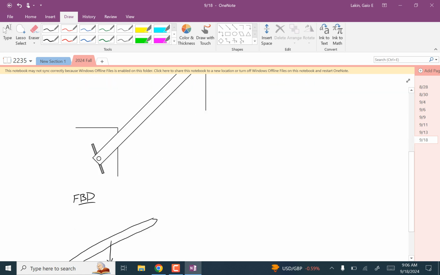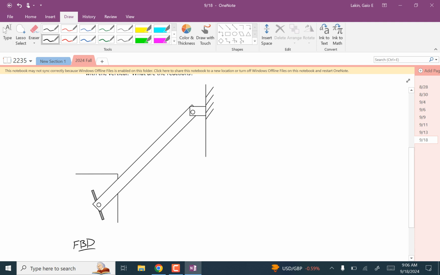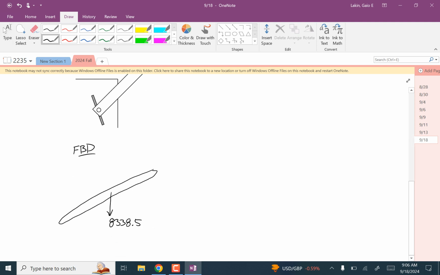And then up here, this is a pin joint. So pin joints are forces with an unknown direction. I'll call this R. And then this one makes an angle of 20 degrees with the vertical, and the force is perpendicular to that.